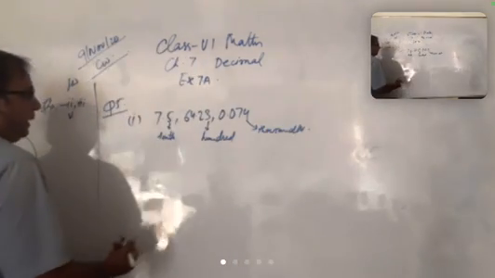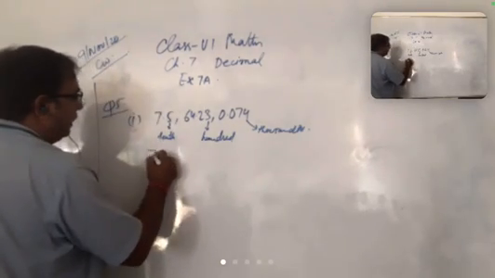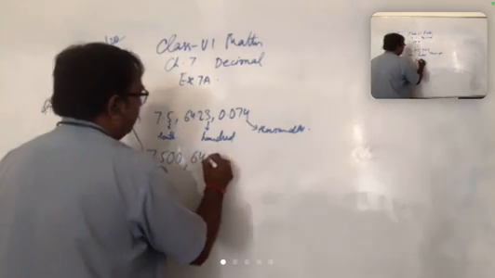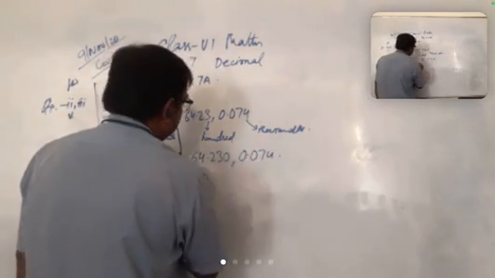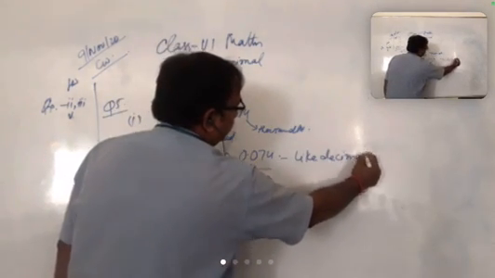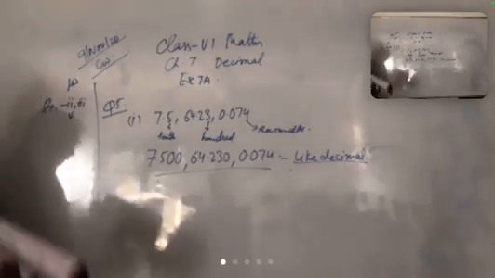So if we are making them like, we know the maximum place is the thousandth. So we write like this: 7.500, then 64.230, then 0.074. This is basically like decimals. Clear?